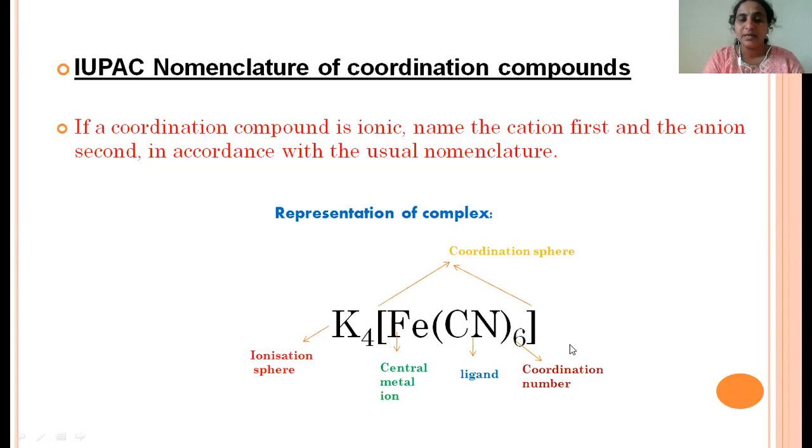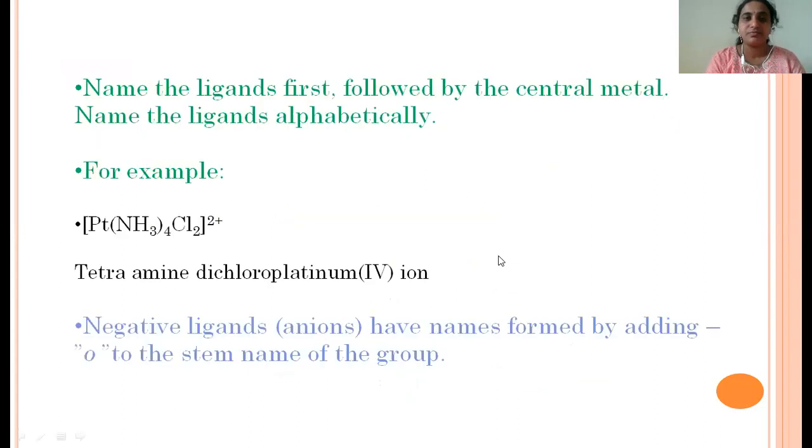And in this sphere, this is called a metal ion, this one is called a ligand, this one is called the coordination number, and the entire square bracket is called a coordination sphere.